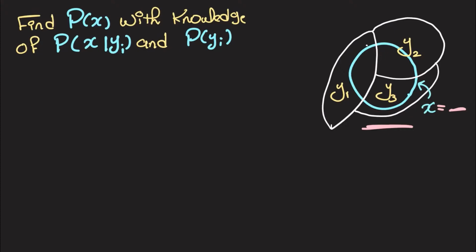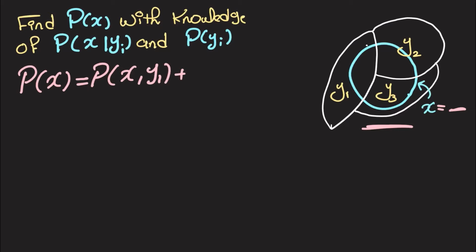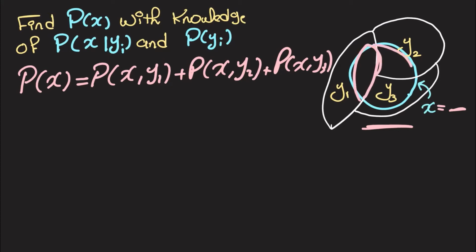What we need to do is find the probability of x happening with knowledge of only the probability of x given yi happens and the probability of yi happening. So I'm going to start by writing down that the probability of x is equal to the probability of the intersection of x with y1, plus the intersection of x with y2, plus the intersection of x with y3, because if we add these three intersections, we do actually get x.